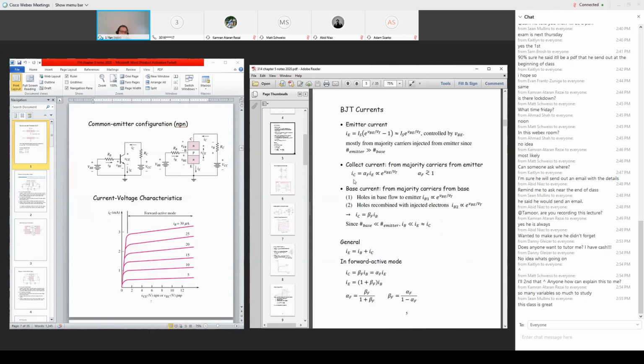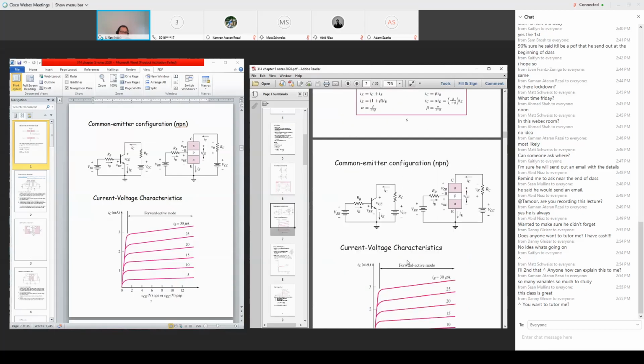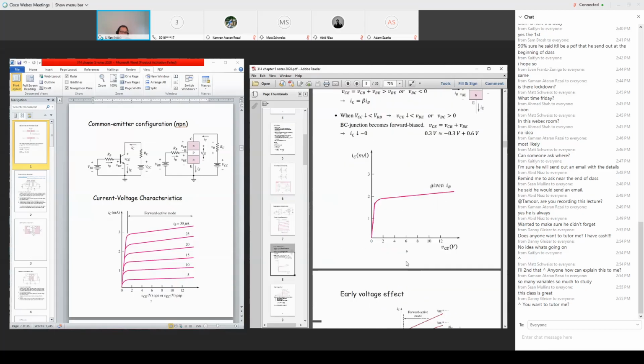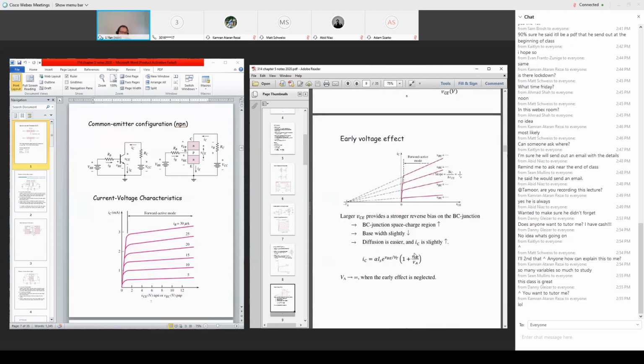So IC should be a flat, straight, horizontal line. But once we modify this constant collector current by this equation, there's a second term, which gives a linear increase of IC with VCE. Any questions?